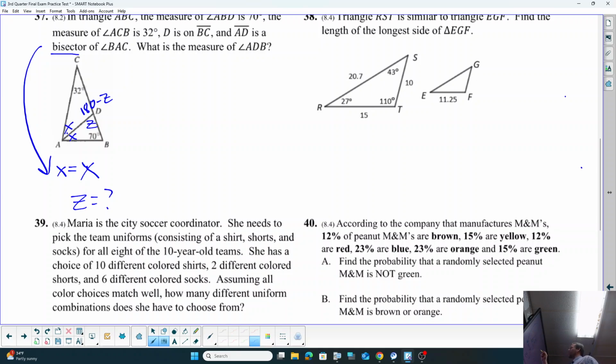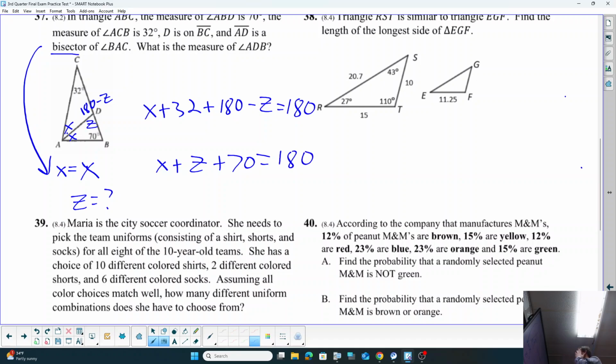And so we're going to do x plus 32 plus 180 minus z equal to 180, as well as x plus z plus 70 is also equal to 180. And so I guess we could solve for x and just plug it in and solve for z. So we're going to solve for x now.